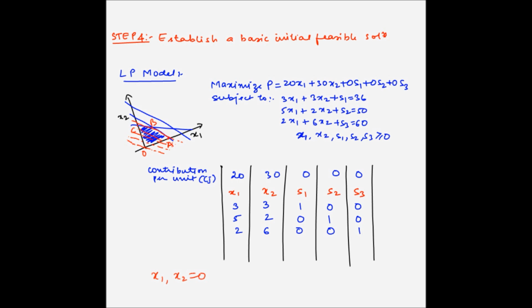What this means is that there is no production and neither chair nor table are being manufactured. So let's substitute these 2 values in these constraints. For the first constraint, x1 and x2 are 0. So what we get is s1 is equal to 36.